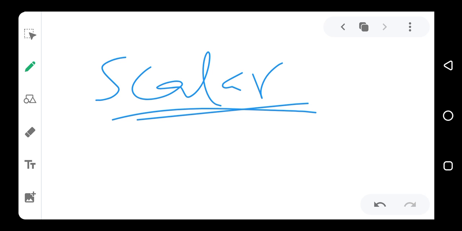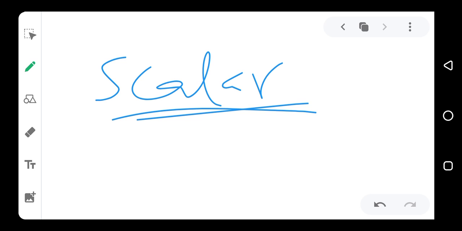So a scalar quantity is a quantity that has magnitude but no direction. So anything that has magnitude but does not have a specific direction that it goes, that thing is considered a scalar quantity.